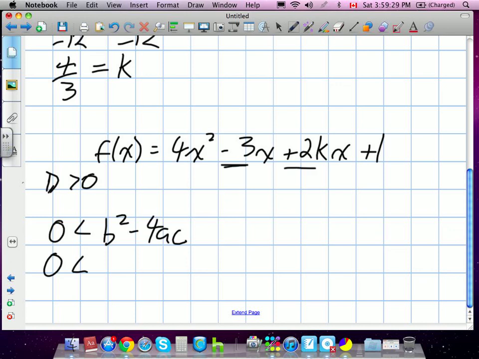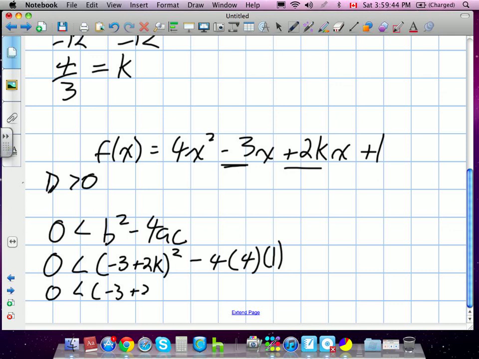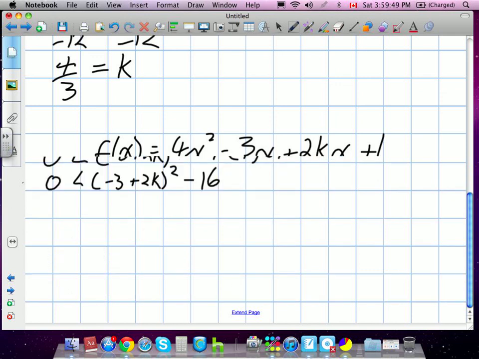Our b is technically negative 3 plus 2k. So I get negative 3 plus 2k squared minus 4 times our a value is 4 and our c value is 1. 0 needs to be greater than negative 3 plus 2k squared minus 16.